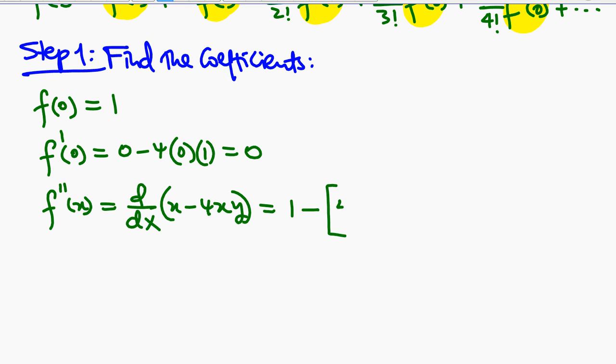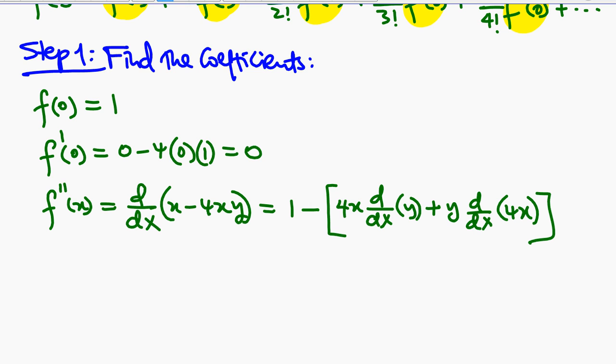So 4x d over dx of y plus y d over dx of 4x. All right, so this is the product rule.